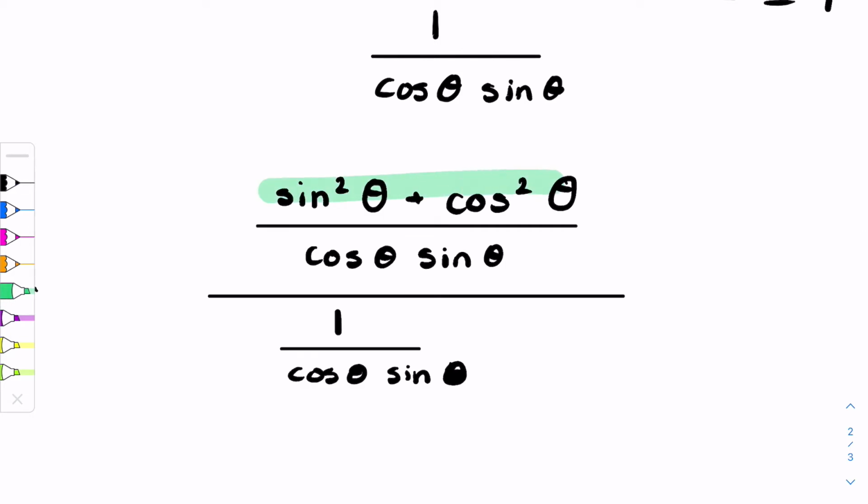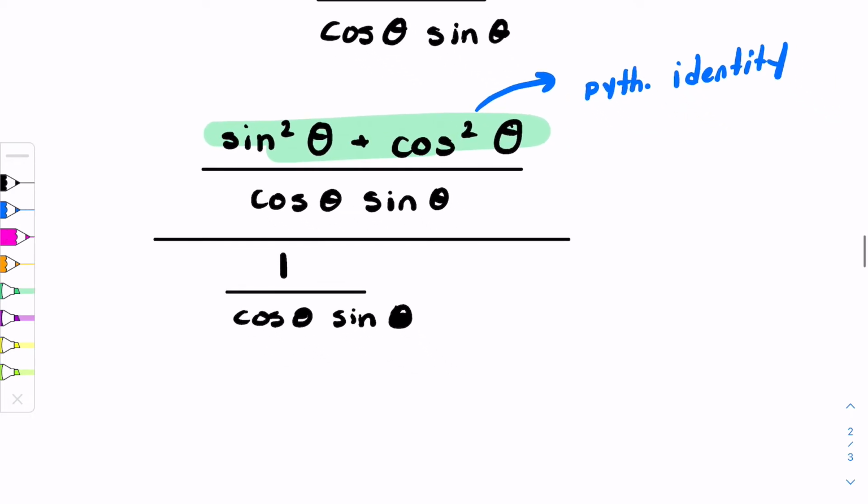Now this right here is going to be a Pythagorean identity. And the Pythagorean identity says that sine squared plus cosine squared is equal to 1. And within this step, obviously I'm going to replace that with 1, but it's also division, so I know that I can multiply by the reciprocal.